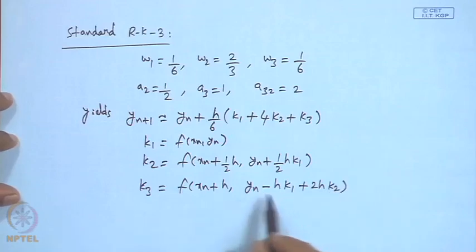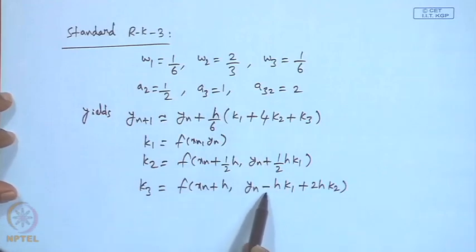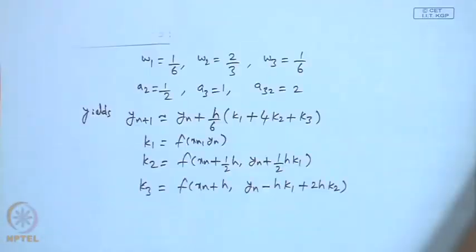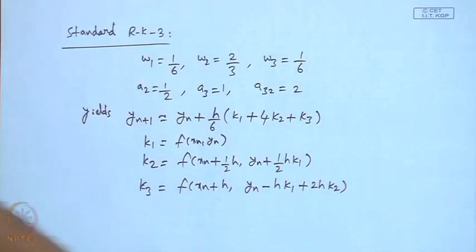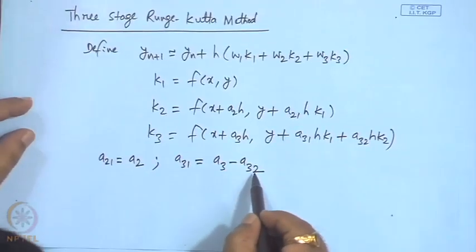So, please observe the way we have defined that led to this kind of method. This is the first time we are coming across a minus sign in this. This is because we made an arbitrary choice. So, what was our arbitrary choice? Our arbitrary choice was A31 equals A3 minus A32.